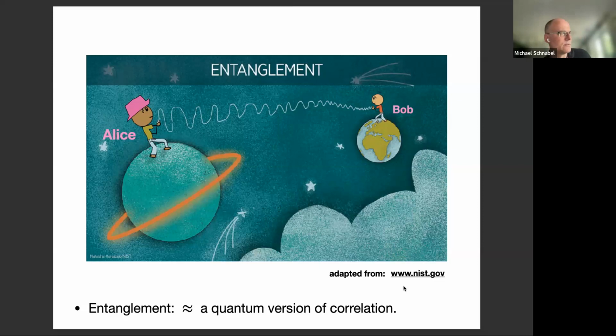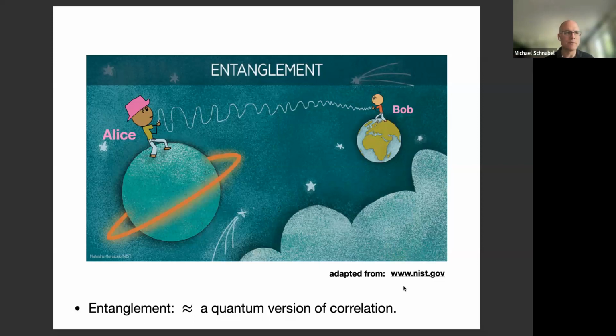In order to see whether the properties of two classical objects are correlated, you have to see them. So they need to be locally in proximity so that you can access their state at the same time and compare it. In the quantum world, they can be separated by the diameter of the universe, and they can still be entangled.